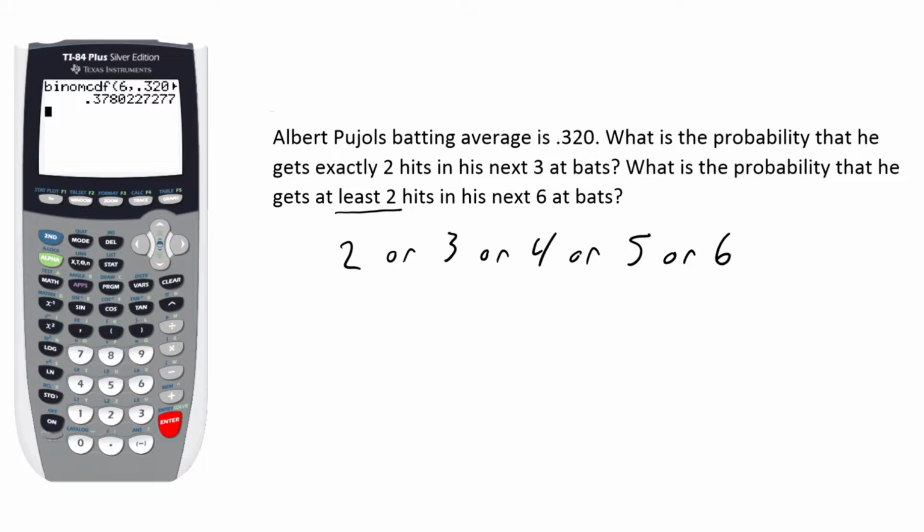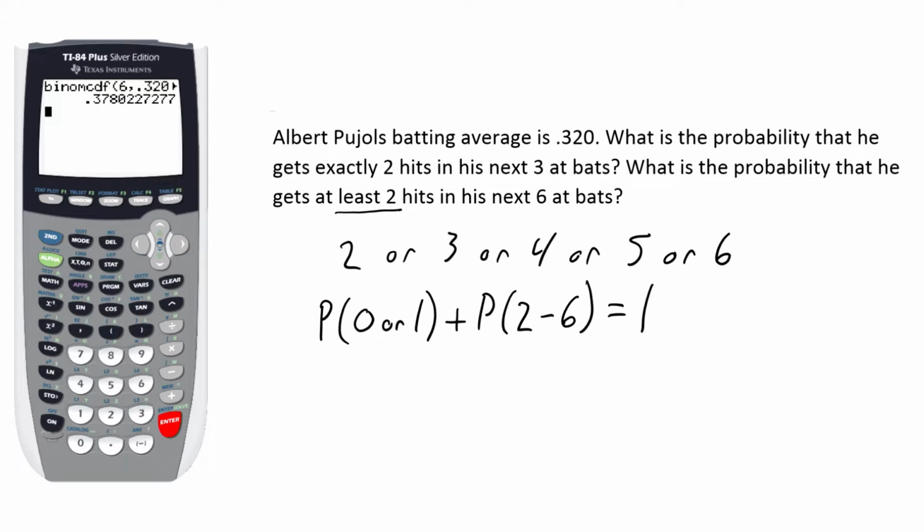So what we can tell from this is that the probability of Albert getting 0 or 1 hit plus the probability that he gets anywhere between 2 and 6 hits has to equal 1. There has to be a 100% chance that he gets one of those things, somewhere between 0 and 6.